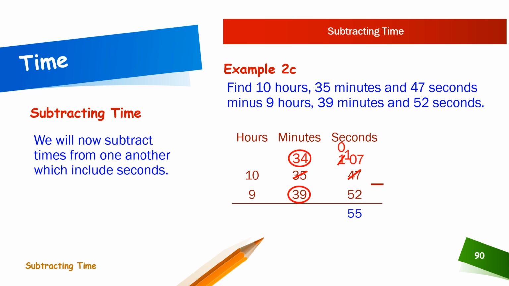Now let's subtract the minutes, but 34 is smaller than 39, so borrow an hour from the hours column. The hour is equivalent to 60 minutes, so we put the 60 minutes in the minutes column as shown. 34 plus the 60 is equal to 94, so now we can subtract 39 from 94 as shown in the following steps.